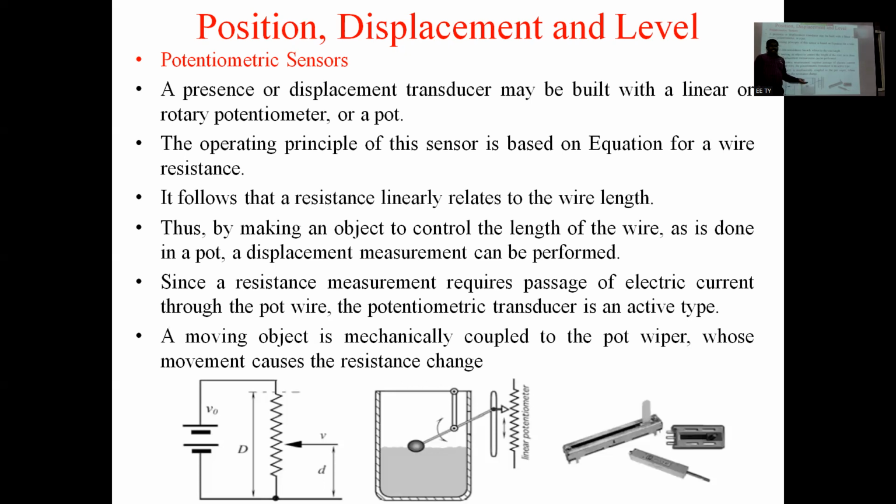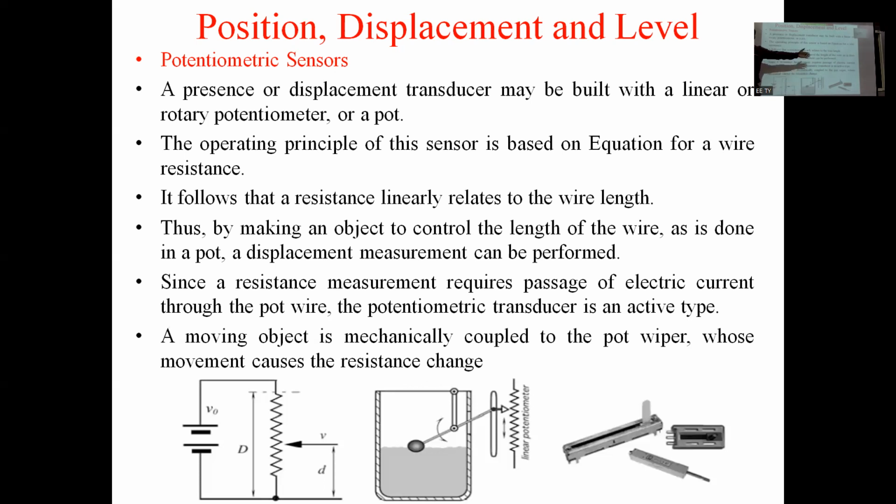Now if the water level increases, याची जर water level काय झाली, increase झाली, at that situation this will move in the upward direction. If it moves in the upward direction, at that situation हा variable pot जो आहे it will also vary. तो काही somewhat position ला येईल, that means here the length of that variable resistance will change. Variable resistance ची काय होईल, length change, and this is the active type.